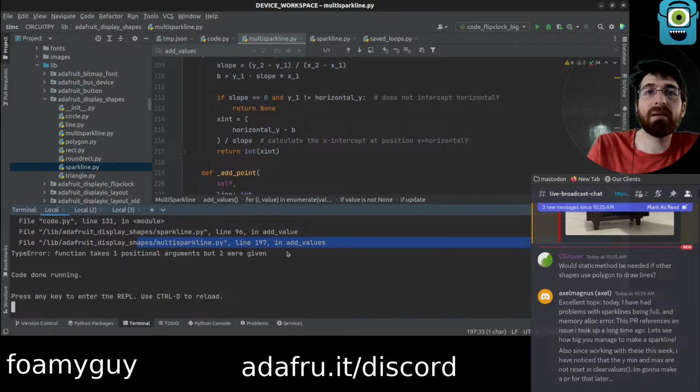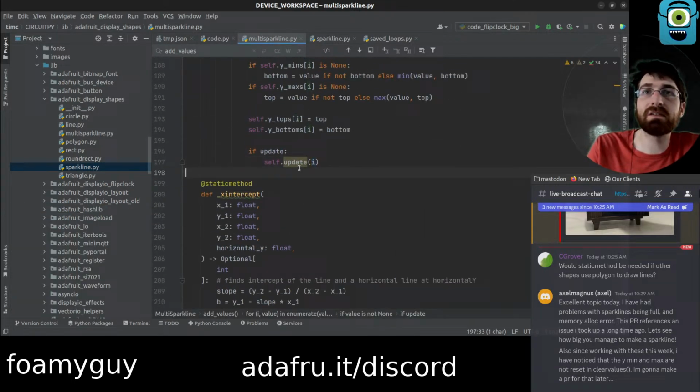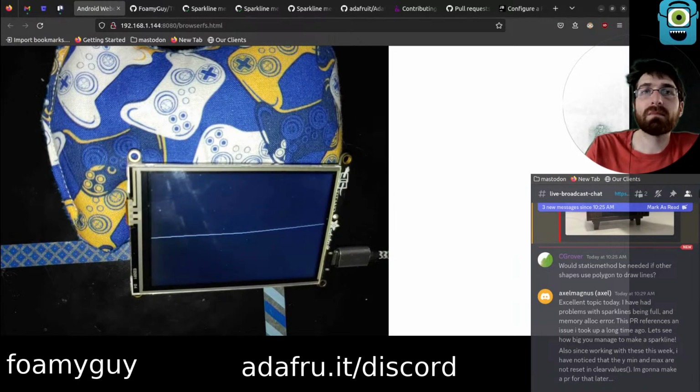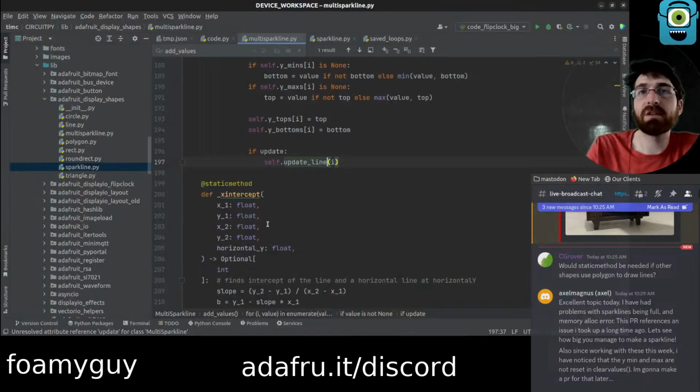It doesn't matter that much. I do think the error here is that this should be update line. Yeah, so that makes it work.